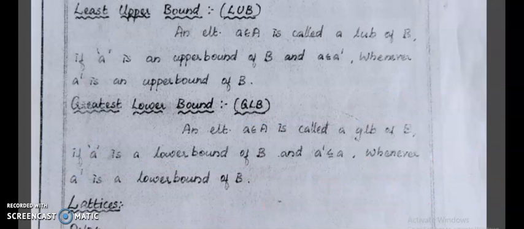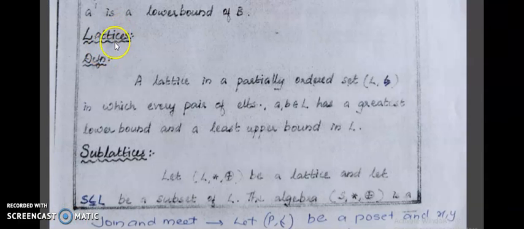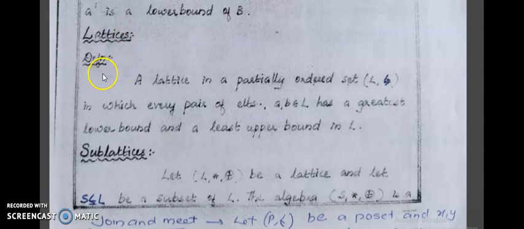Then we will continue with lattices. Next definition: definition of lattices.